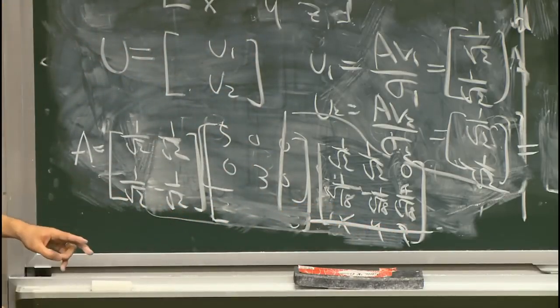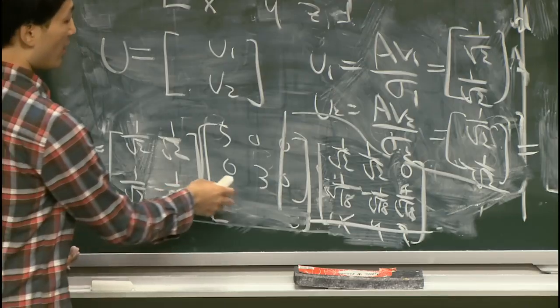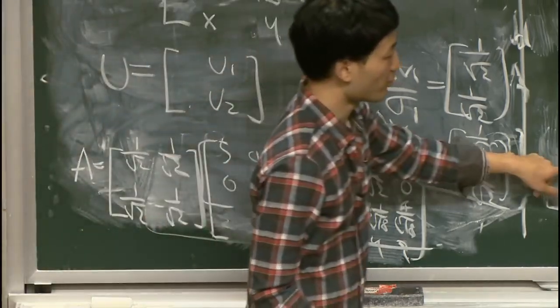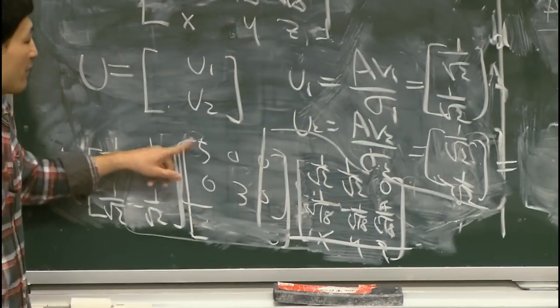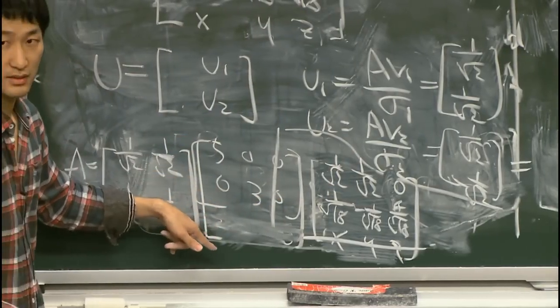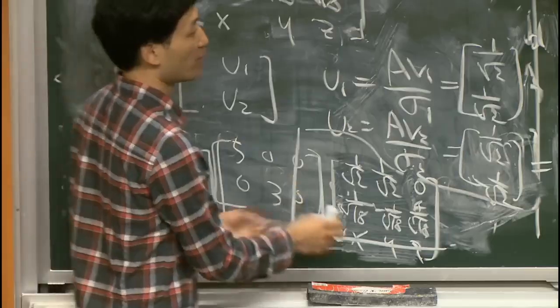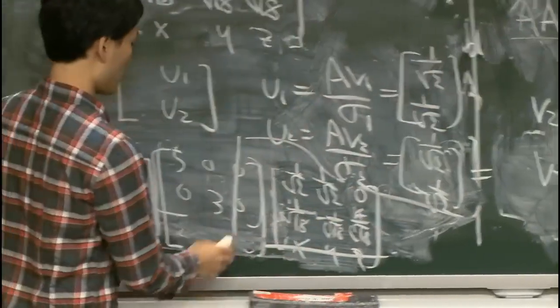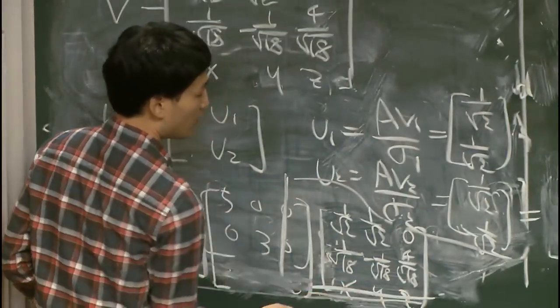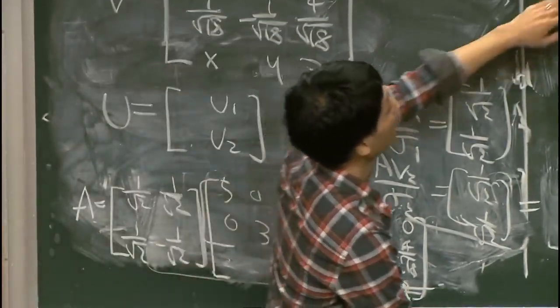Okay? So the message here is that the eigenvectors corresponding to eigenvalue 0 are not important. The only relevant ones are non-zero eigenvalues. So drop this and drop this. That will save you some computation.